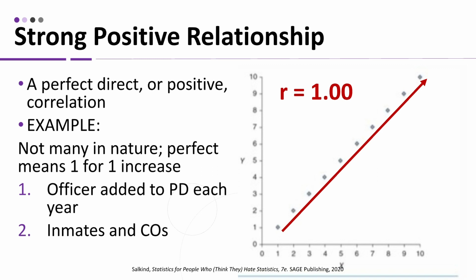Also, there may be some other policy guidelines in place through IDOC or something like that, where given a certain number of inmates, you should also have a certain number of correctional officers. So if we looked at those values, we could see a standard increase in correctional officers based on increases in inmates. But again, those aren't really naturally occurring. Those are just based on policy that's in place.